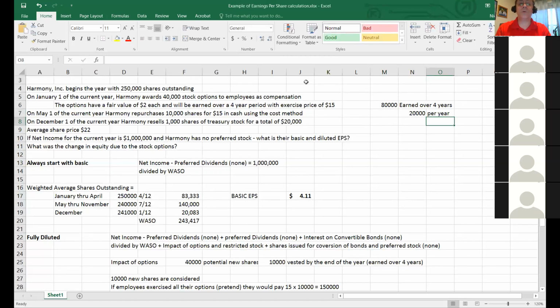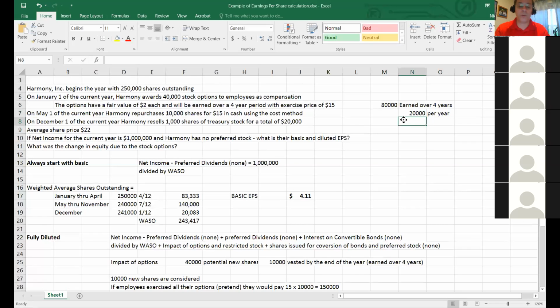So while we did this whole deal on January 1 with the employees, and we established the $2, we established the $15 at January 1, we would not make a journal entry on January 1. We would wait till the end of the year when the employees will have earned $20,000 by that point.